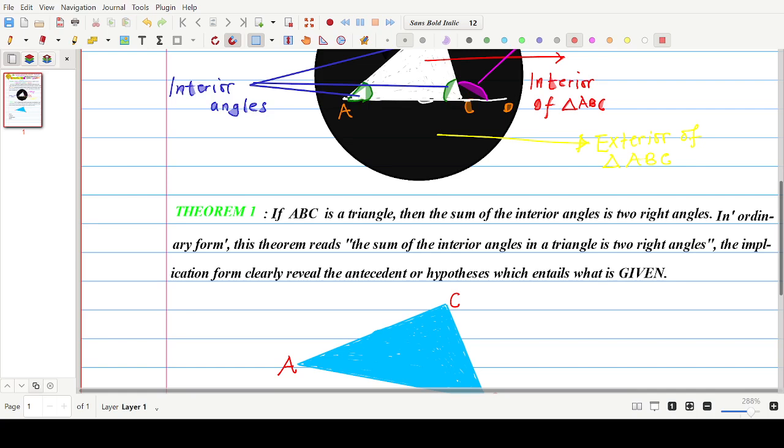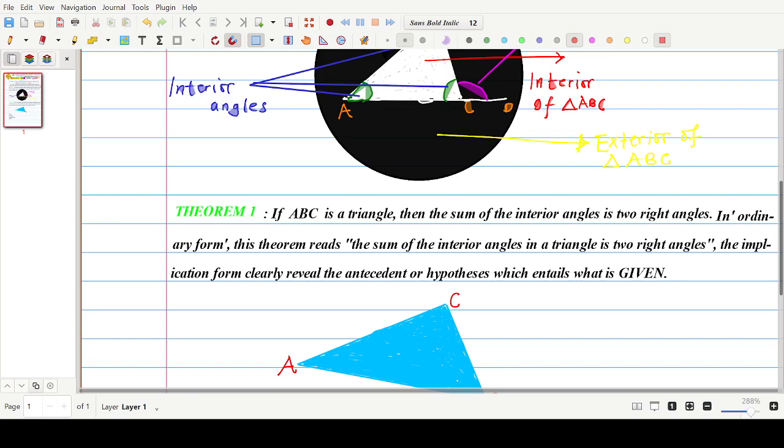In this case, it has been given to us by default, and the statement here is if ABC is a triangle, then the sum of the interior angles is two right angles, or you can put it in the ordinary form as the sum of the interior angles in a triangle is two right angles. So this is a statement of the theorem. All right. Now the second step in the tradition is that there should be a diagram of the figure under discussion.